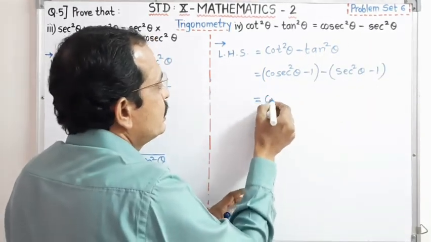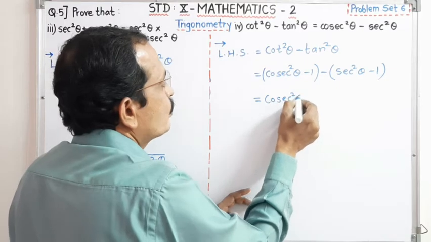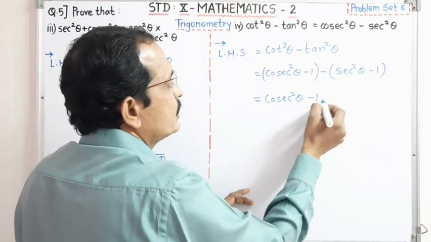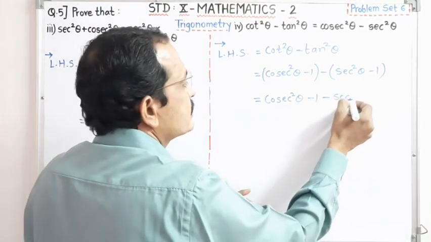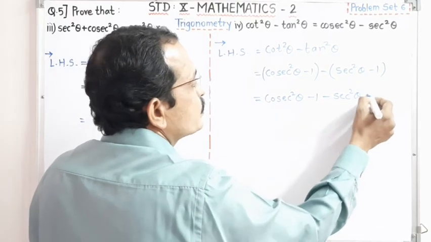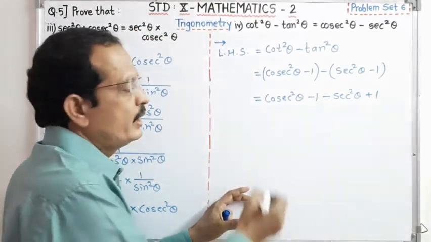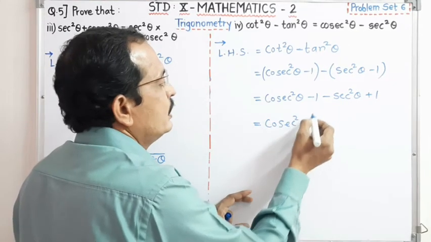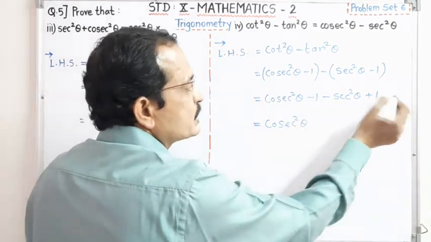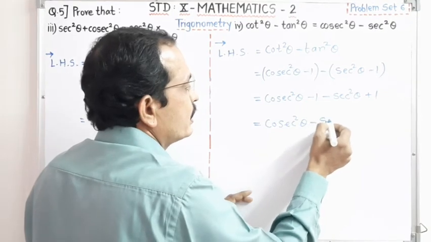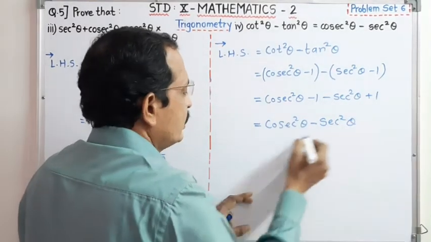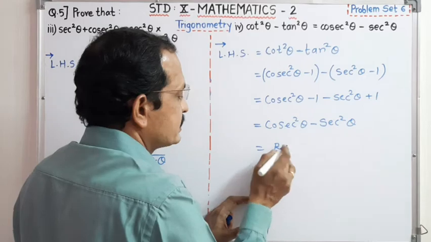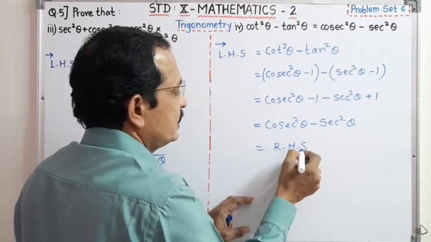Now see dear student, here it is very simple, cosec square theta minus 1 minus sec square theta, this minus 1 will become plus 1, and dear student, see, this cosec square theta, this minus 1 and this plus 1 get 0, therefore remaining is sec square theta. Now this is our left hand side, isn't it?